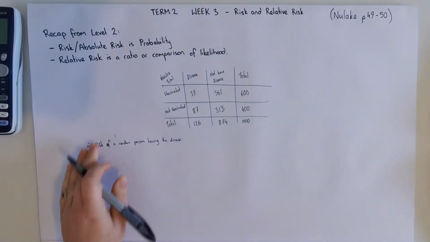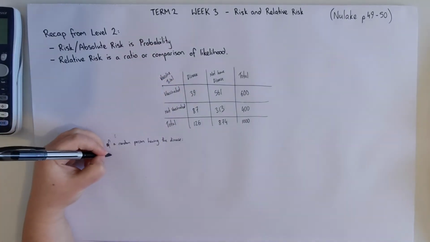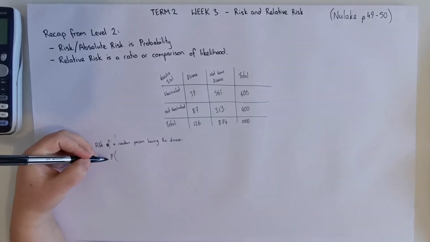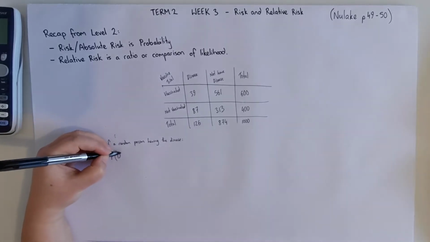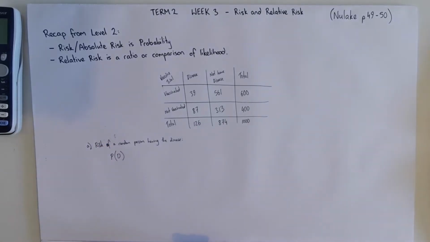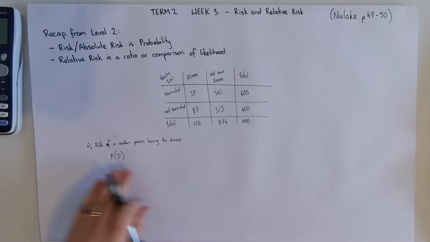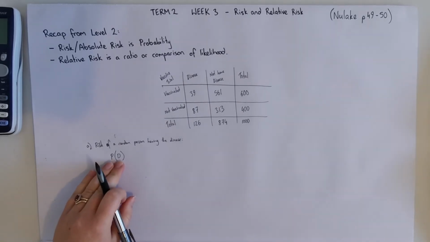Now, risk being just probability means that this is exactly the same thing as me saying the probability of someone having the disease. They are exactly the same.